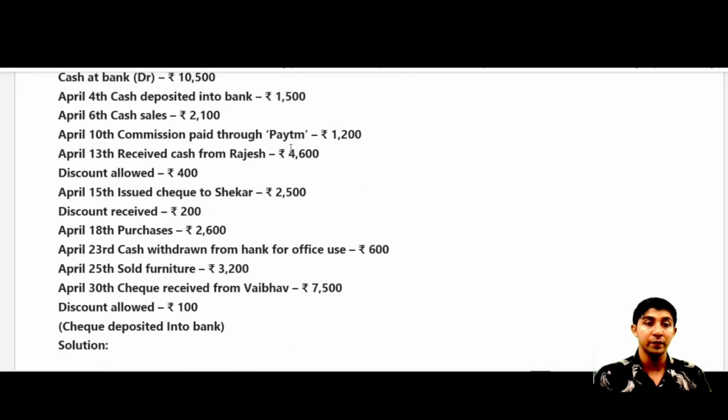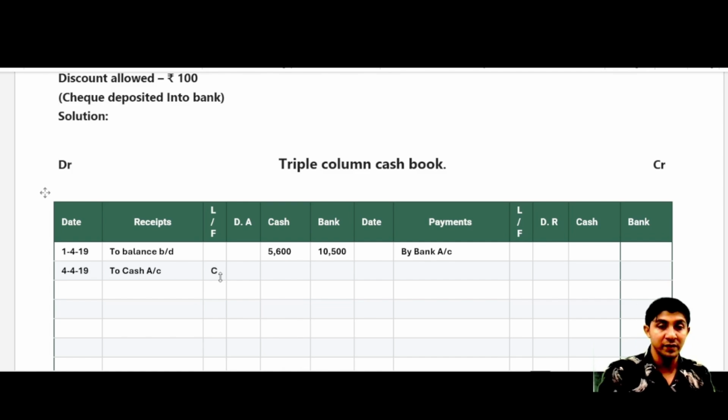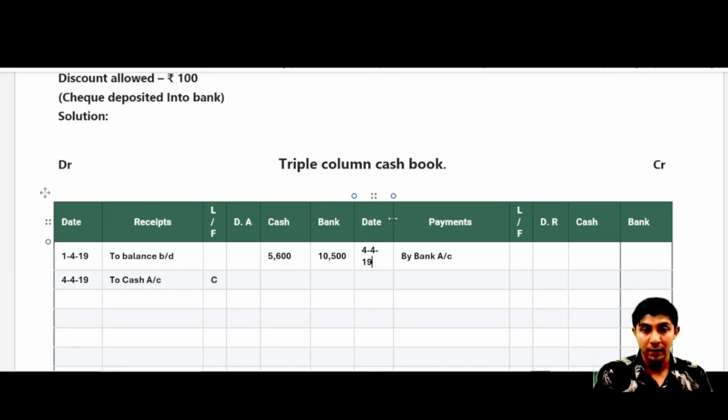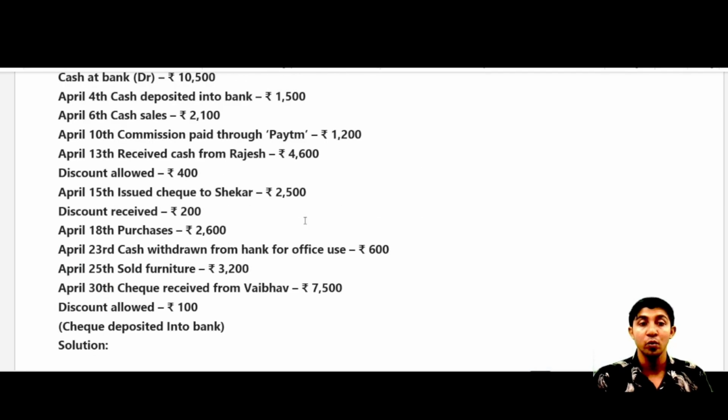The date of this transaction is 4th April 2019, and in LF column for identification we need to write C. We'll adjust this a bit, and in the LF column for identification we have to write C.